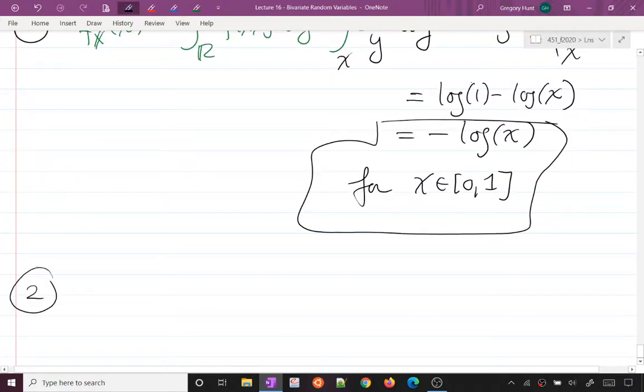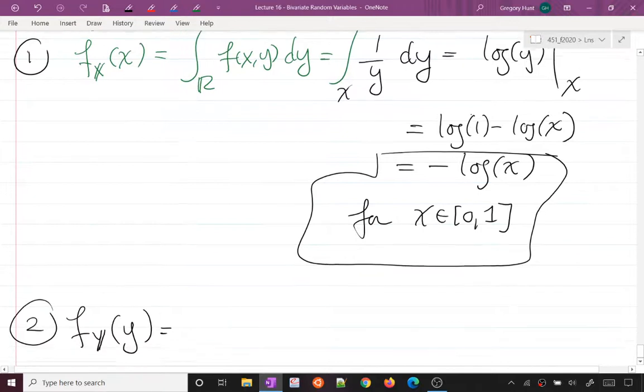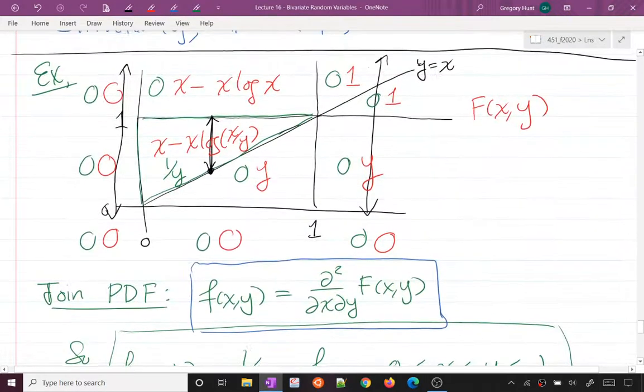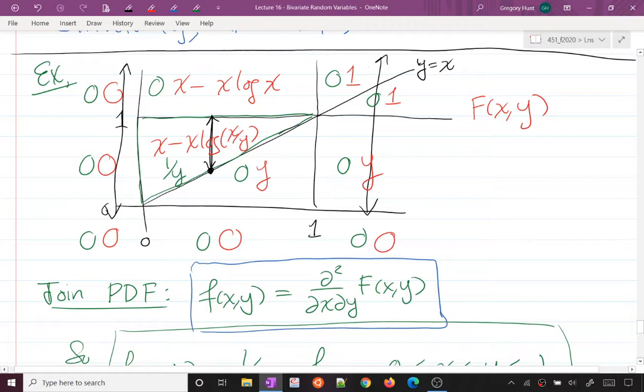And I could similarly ask for the marginal of y, and now this function is not symmetric, so we expect to get something different, right? So now, let's go back up to my picture. I'm going to fix some value of y, and I'm going to integrate over here.